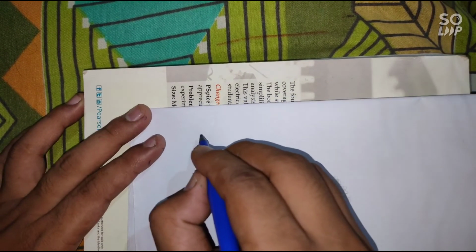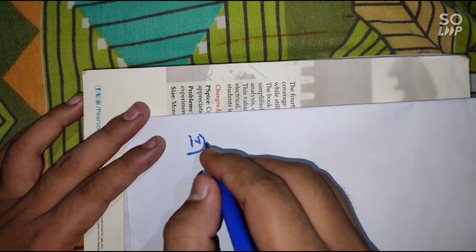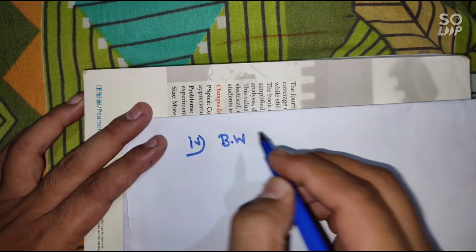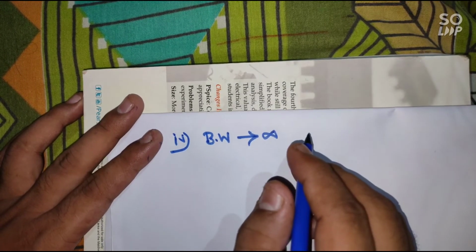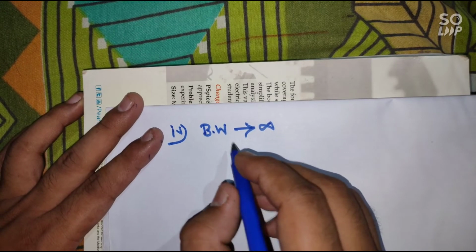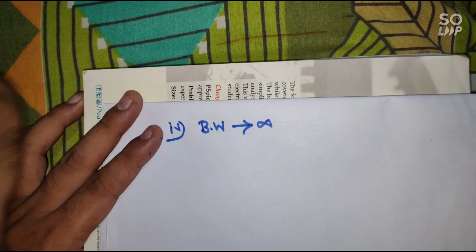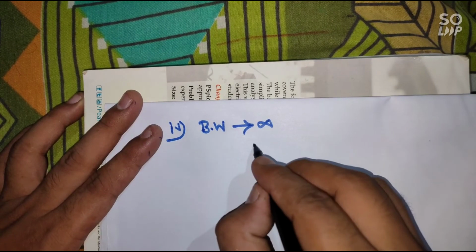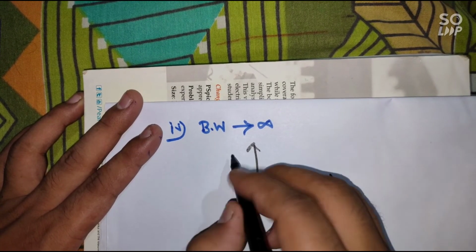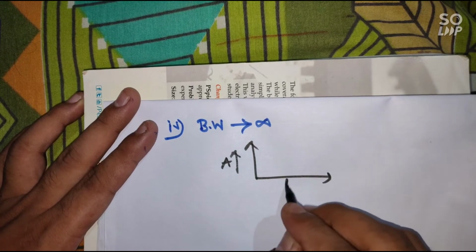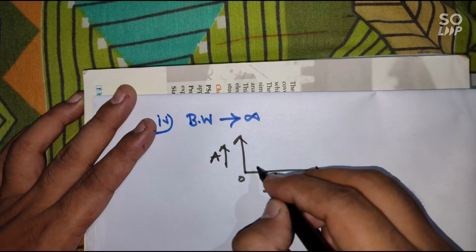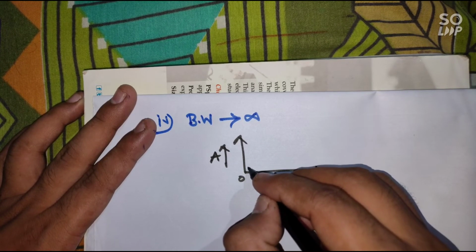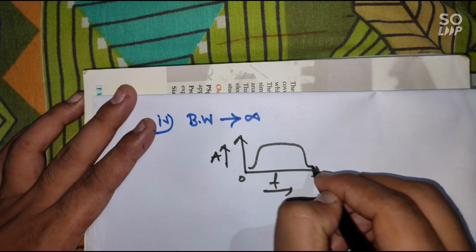Next, point number 4: the bandwidth of the op-amp must be infinite, but practically it's not infinite. Bandwidth is the frequency response of the op-amp. If we draw a curve of gain versus frequency, different circuits give different types of frequency response, but I'm drawing a simple curve.